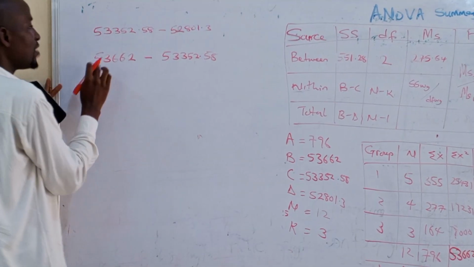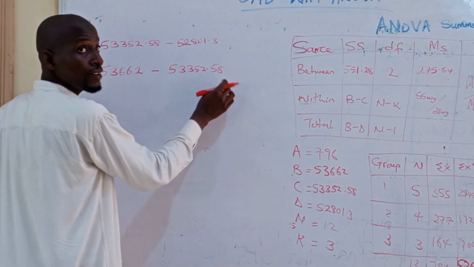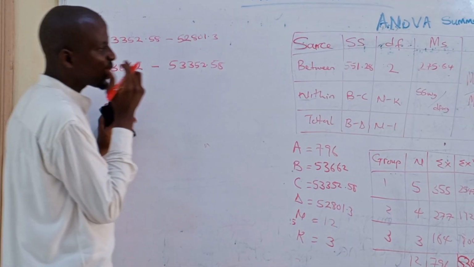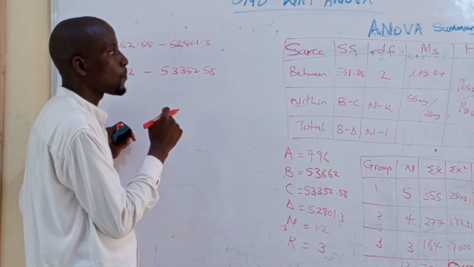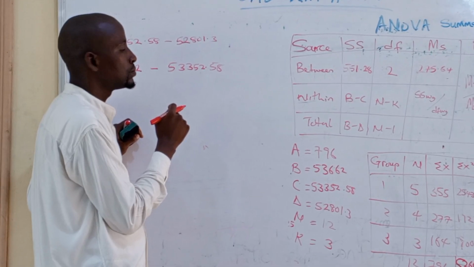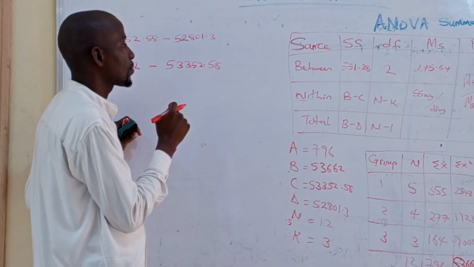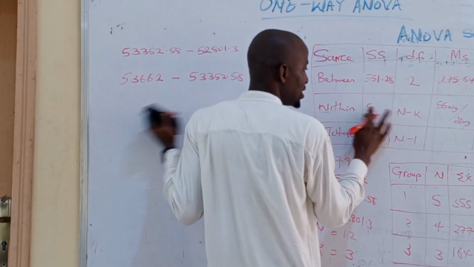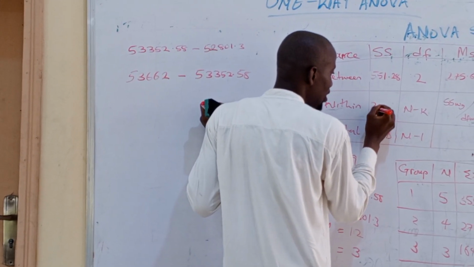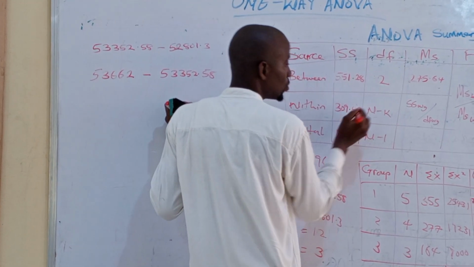So when we say 53662 minus 53352.58, that will give us what? 309.42.